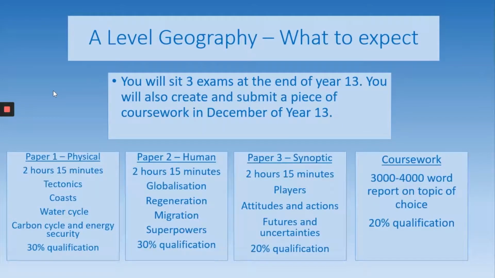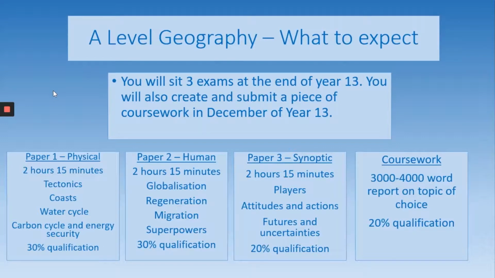So in terms of what you face examination-wise and percentage-wise, I've broken it down for you, so hopefully it's a little bit easier to understand and manage. You'll sit 3 exams at the end of Year 13, and you'll create and submit a piece of coursework, like I just spoke about, handed in December of Year 13.